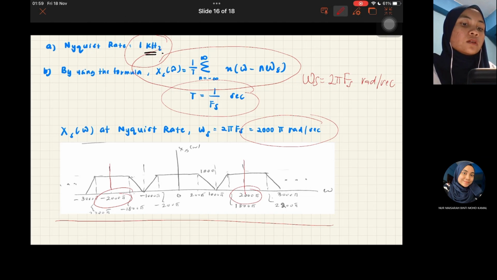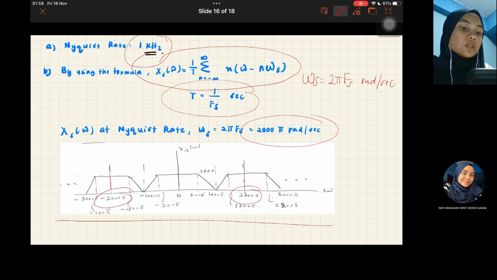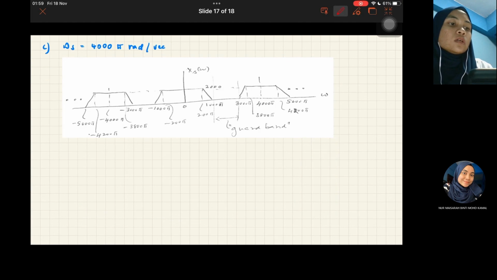The last question is, sketch the spectrum of the sampled signal s(t) at twice the Nyquist rate of sampling. As you can see, it mentions twice the Nyquist rate of sampling, so we just need to multiply by 2.